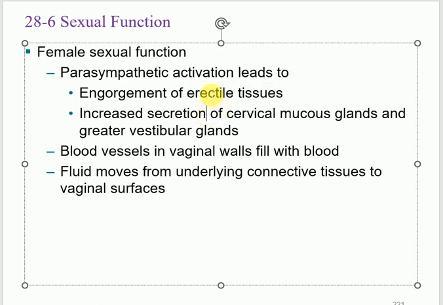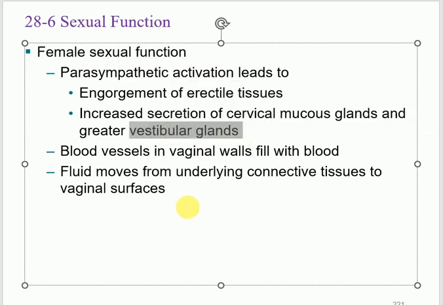Blood goes in, it doesn't leave, and they increase in size. And at the same time, the secretions inside the cervix are going to increase. Secretions increase from the cervix, the cervical glands, and the vestibular glands that I talked about before.